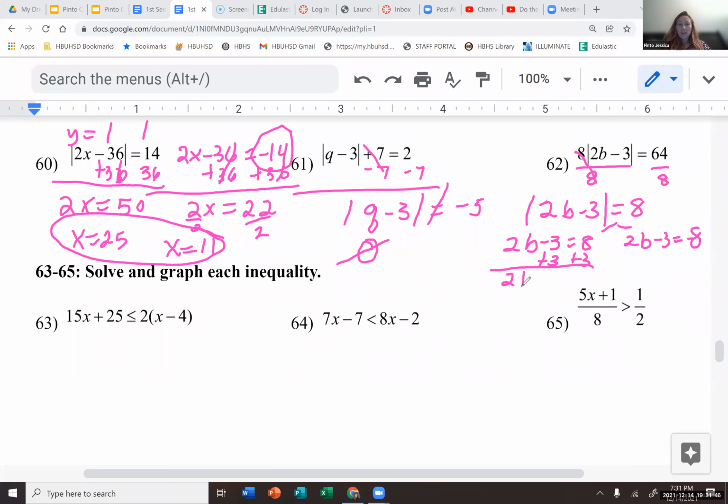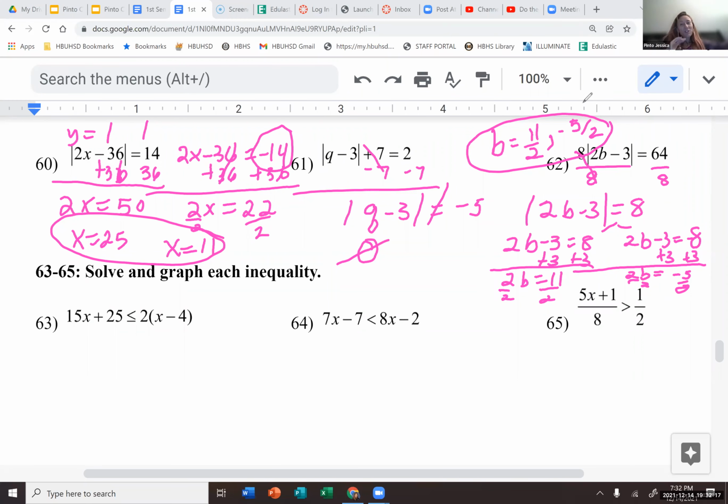And I have 2b is equal to 11. And then I add 3 here, and that's -8 plus 3, so I get -5. And I have 2b is equal to -5. Both of those divide by 2, and that's how I get my answers. B is equal to 11/2, and also -5/2.